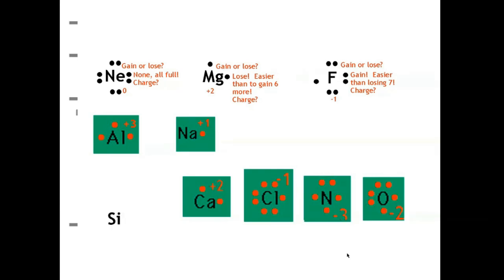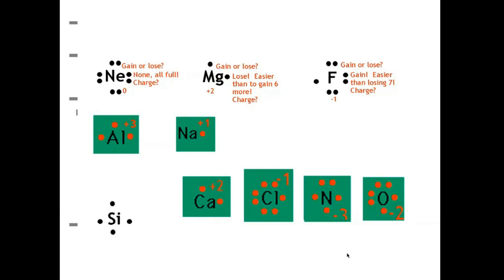Oh, one more. What about silicon? I'll let you draw that one. If you draw silicon and its last occupied level, you get 4 dots. Now here comes the question, what are we going to do with silicon? Does it lose 4 or gain 4? It's a good question.